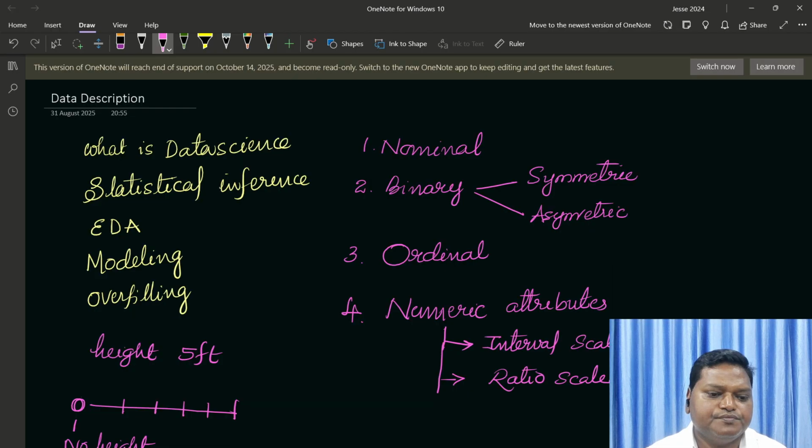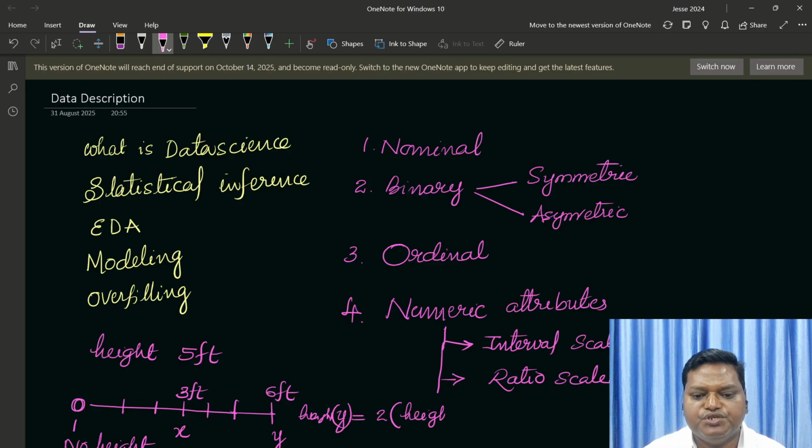If a person has 3 feet height, and another person has 6 feet height, I can say that person Y, who has 6 feet, has a height that is twice the height of person X, who has 3 feet, because this scale is starting from 0.